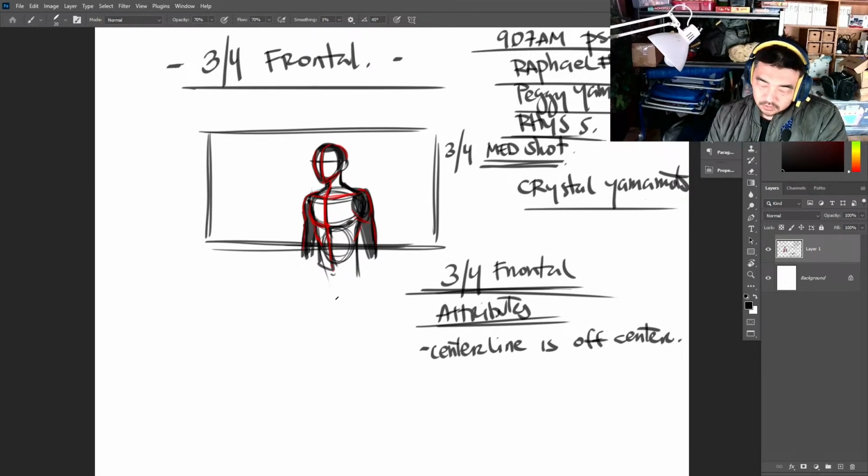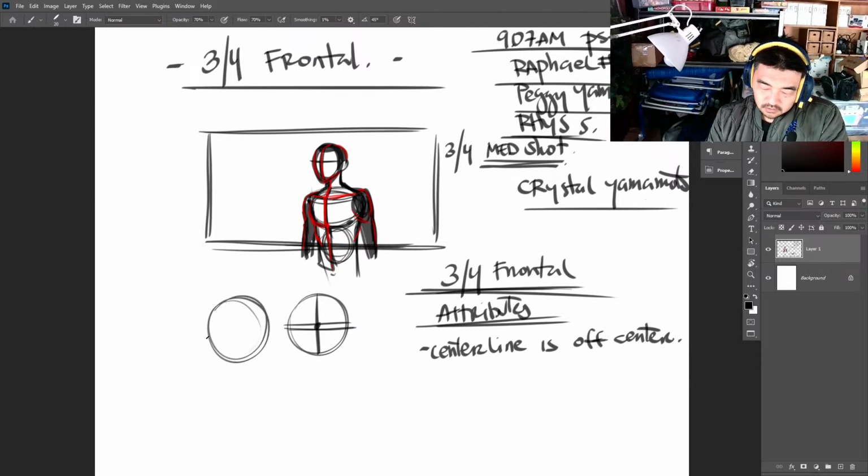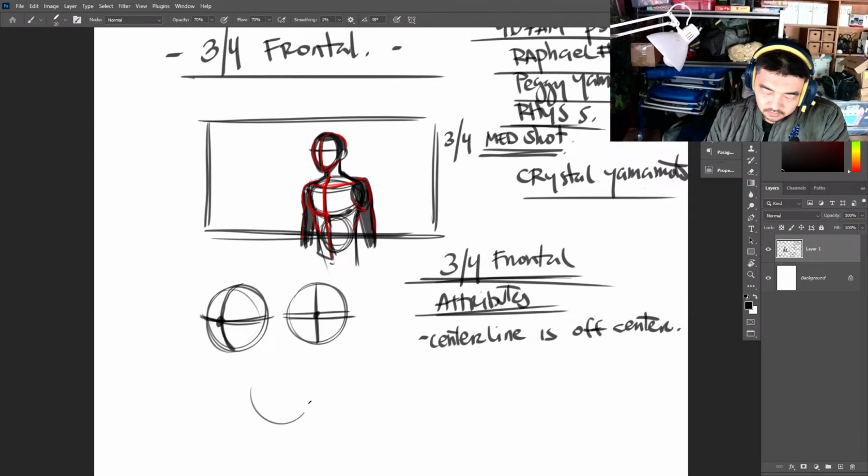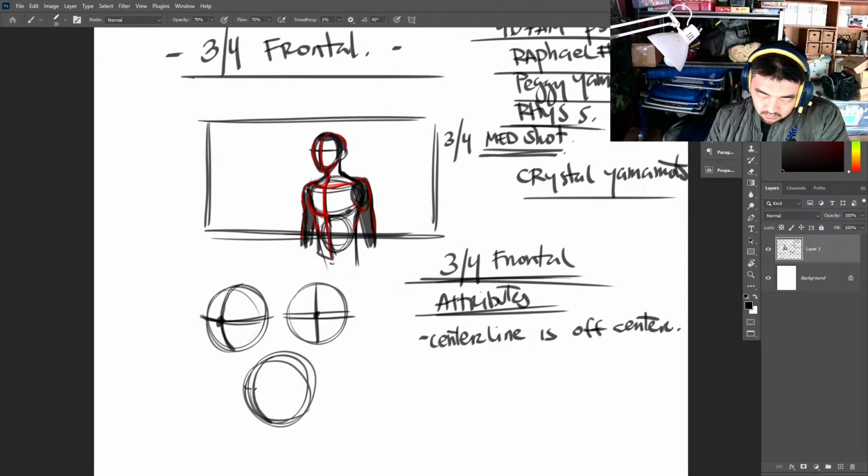So if this is center, off center would be something like this. Also, off center could be something way over like this.